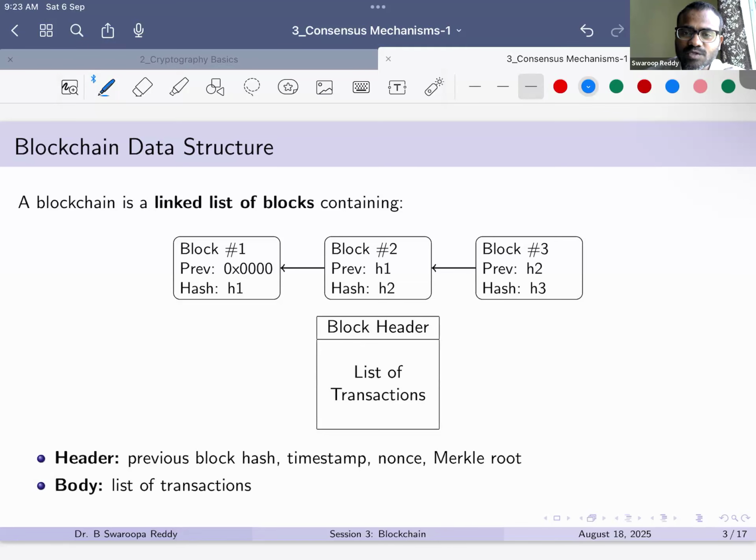For example, in block 2 we have stored h1, which is the previous block hash, and also the timestamp. Timestamp is the time at which that block is created.